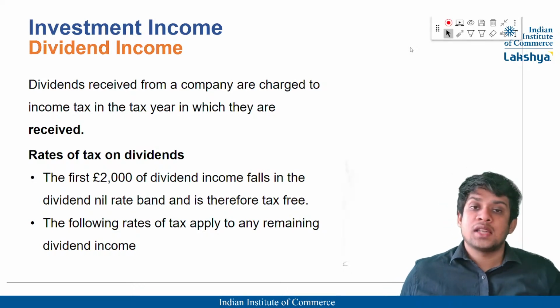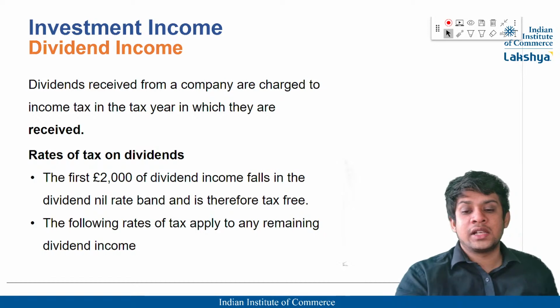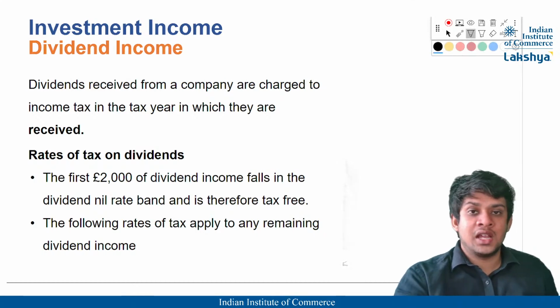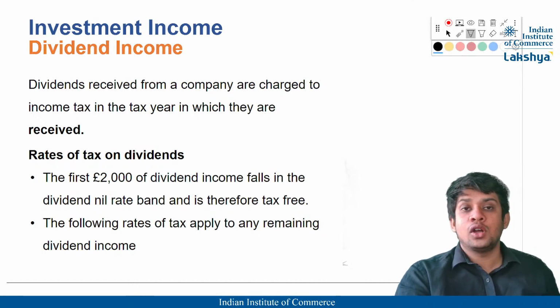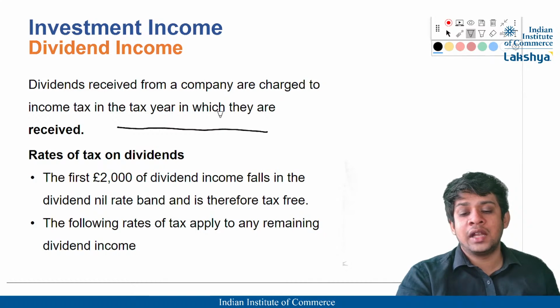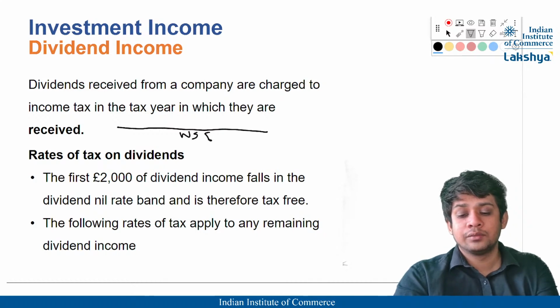Okay. Now we understand dividend income. As I told you, dividend income is taken into consideration after your non-savings income and your savings income. So, if my non-savings income is 30,000, the first 30,000 will be taken over by the non-savings income.